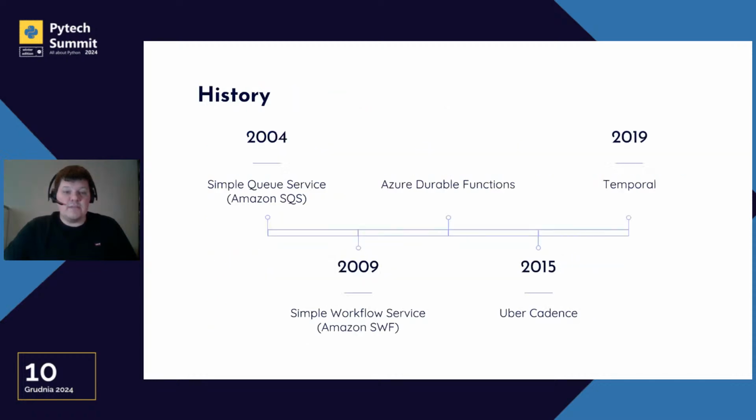Now let's talk a little bit about history. We have two co-founders of Temporal, and one of them started his career at Amazon in 2002, at a time when Amazon was working on the idea of splitting our monolith solution, like a binary file, into services, into microservices.